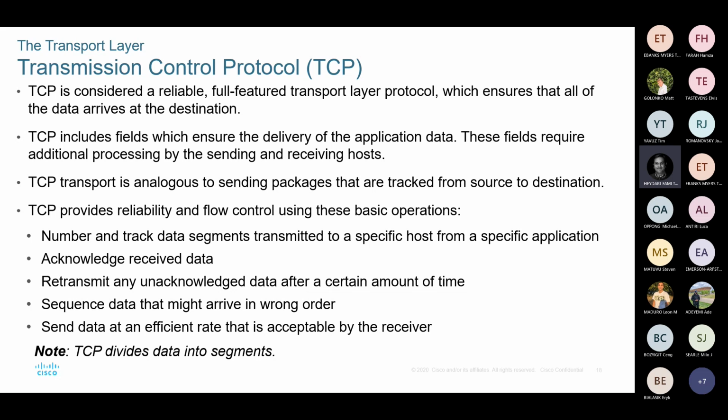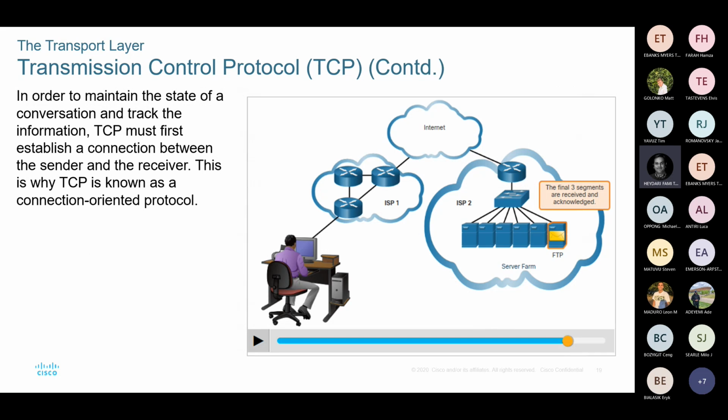If there is any missing segment, we're going to ask for resending it. And then once all segments of that conversation have been received, I'm going to put them all together in order, 1, 2, 3, and then 4, and then deliver that. So sequencing and making sure that data is not delivered in the wrong order to the application layer on the destination side.